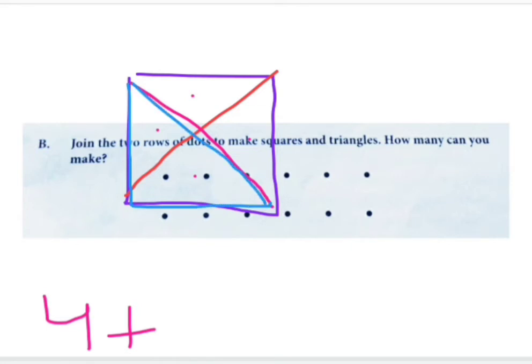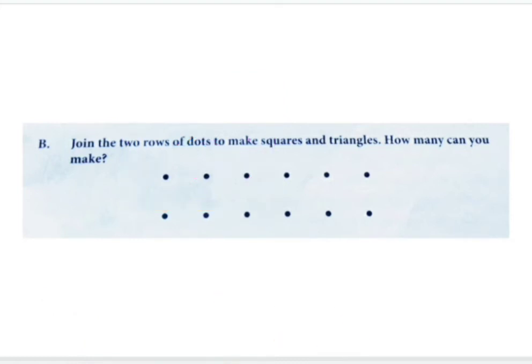This is 1 and this is 2 on this side. Also there are 2 on these sides here. So 4 plus 4, the answer is 8. So there are 8 triangles in each square.